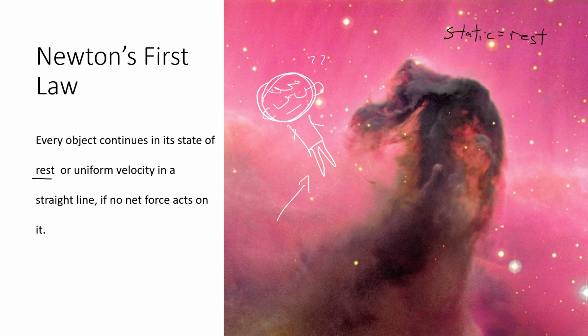Or sometimes things are just traveling in uniform velocity. We call this dynamic equilibrium, because dynamic means moving. But long story short, if there are no net forces acting on you, then you're not going to have a change in velocity. So you're either going to stay still or keep on moving.